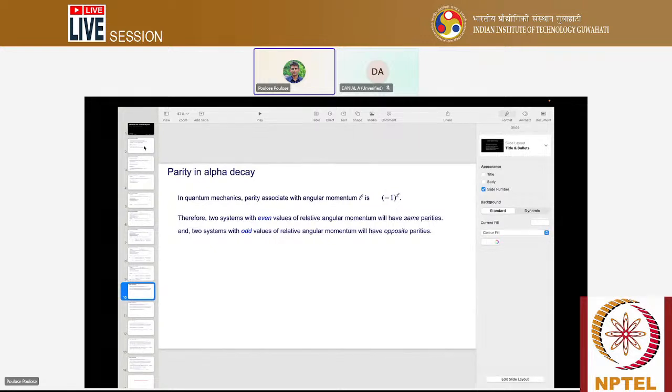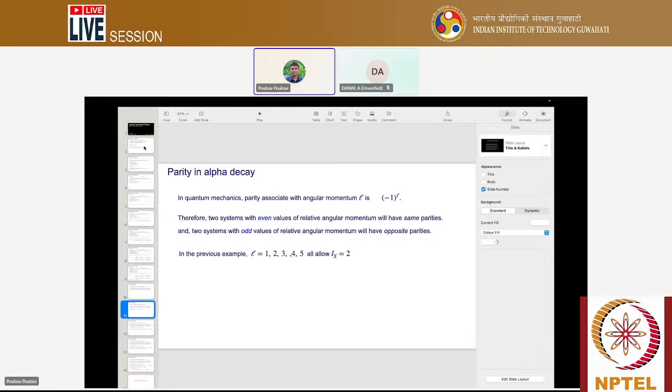As I said, we are working with natural units, so h bar is considered as 1. In this, L is the angular momentum in units of h bar. So we can only have an odd or even parity possibility. That is how it is. So there are only two possibilities, +1 or -1, depending on whether L is even or odd respectively.